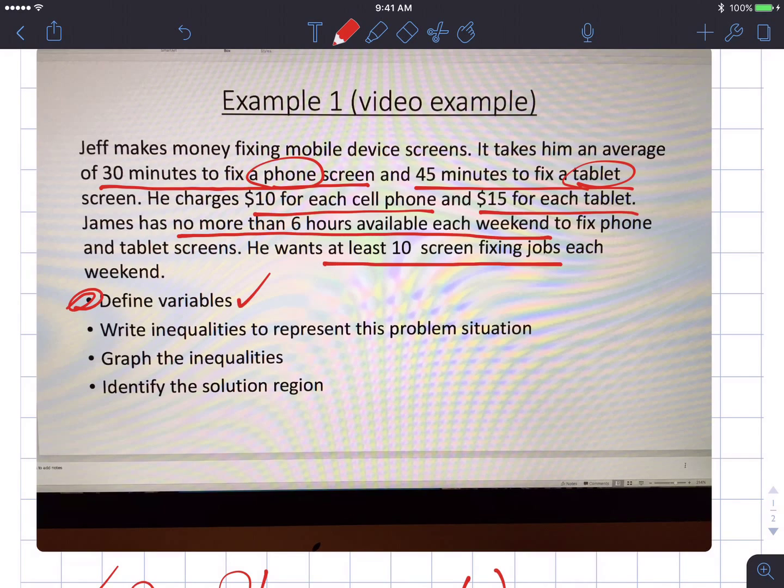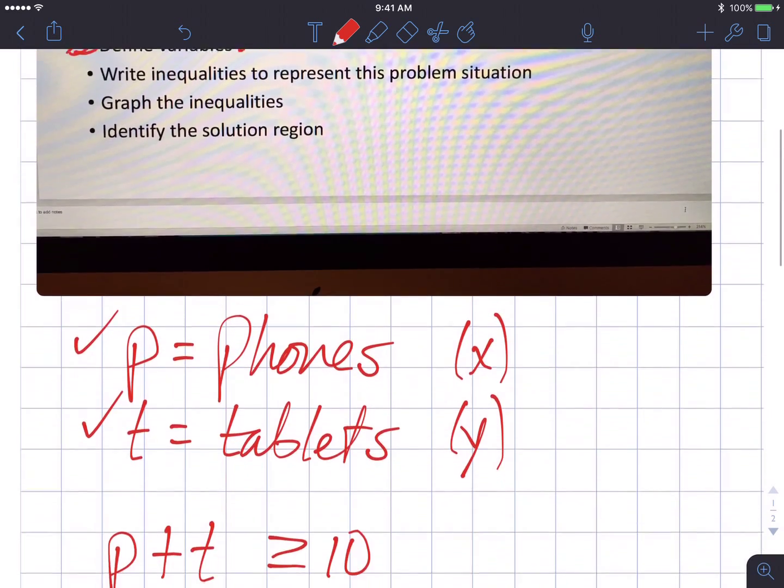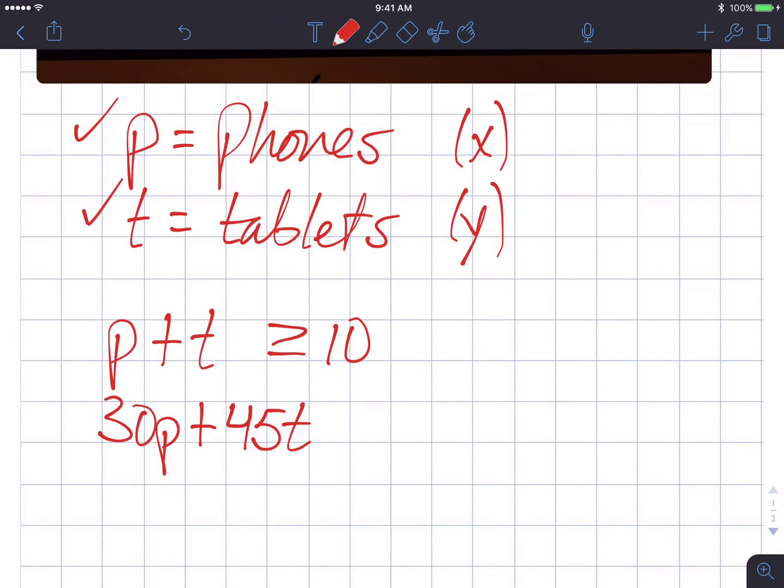He charges $10 for each, 15. So we're talking about minutes to fix a phone, minutes to fix a tablet, and then it talks about money. Minutes and money right now don't mix, so we're not worrying about that. But if you look here, James has no more than 6 hours available. Minutes is time, and hours is time. So those will probably go together, since this is time as well, right here.